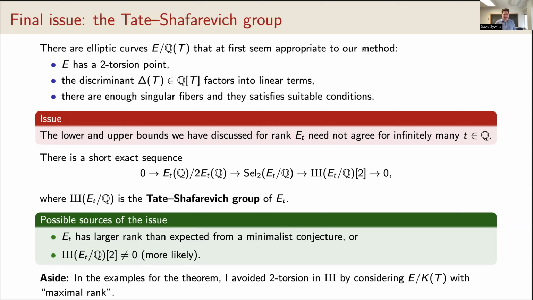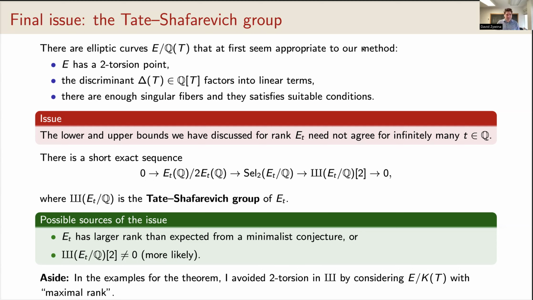Your elliptic curve has higher rank than the minimalist conjecture predicts. And that could be true, but it seems unlikely you wouldn't ever be able to find that. And the more likely case, at least in the families I'm considering, is that Sha, the 2 torsion of Sha, is non-zero. And so it's this case where I have upper bounds and lower bounds which don't agree.